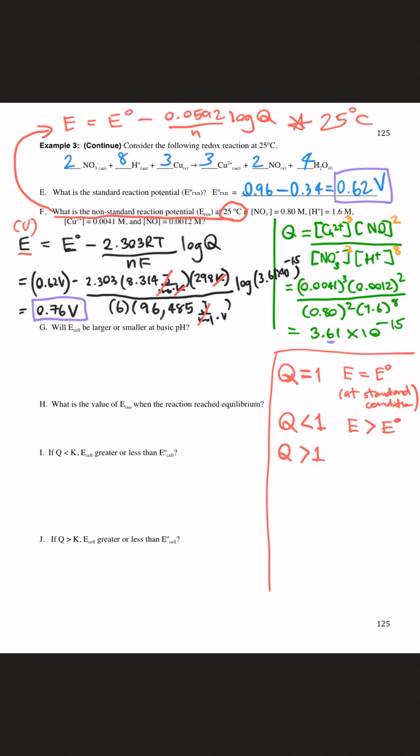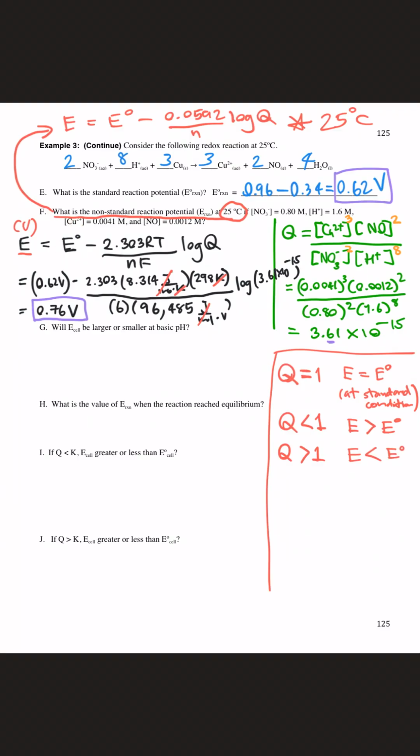Therefore, if the reaction is spontaneous in the reverse direction, it's going to be non-spontaneous in the forward direction. So the value of the reaction potential at the non-standard condition would come out to be less than the value of the standard reaction potential.